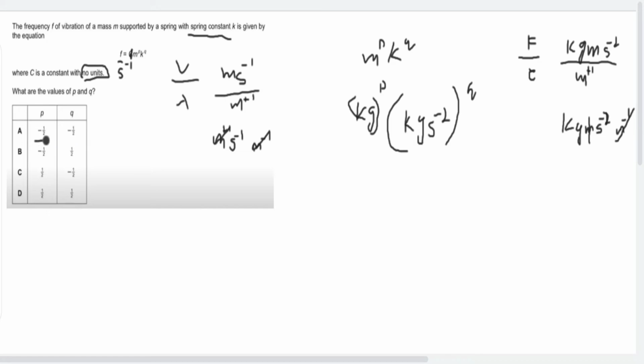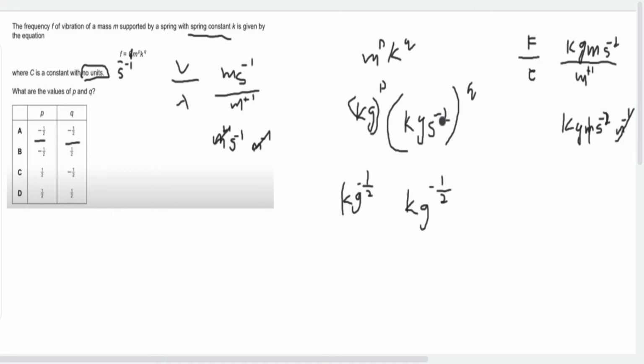Let's take option A as an example. I'll replace p by negative 1 by 2, and I'll replace q by negative 1 by 2. When this negative 1 by 2 gets a power, it's going to be negative 1 by 2, and this s gets multiplied by negative 1 by 2.